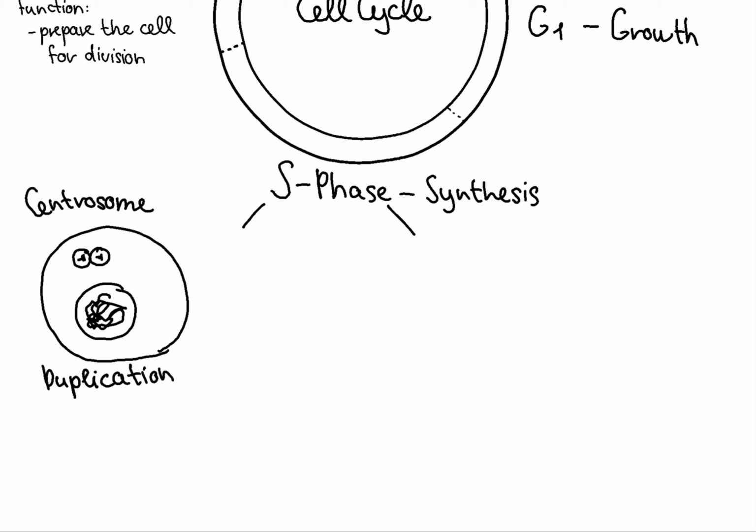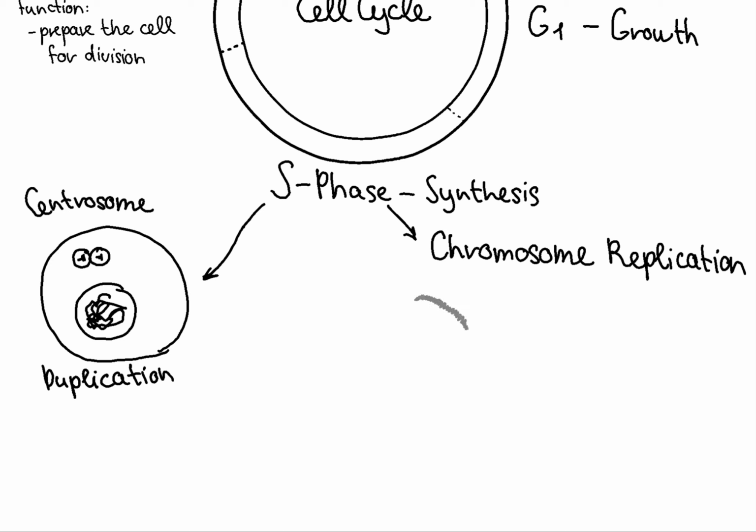Later I'll explain what a centrosome is, but now let's focus on another thing that happens during the S phase, which is chromosome replication. You see, we cannot just simply get two identical chromosomes from a single one. That is why it needs to replicate first. After this process, every chromosome in the cell will consist of two identical halves, connected by a centromere.